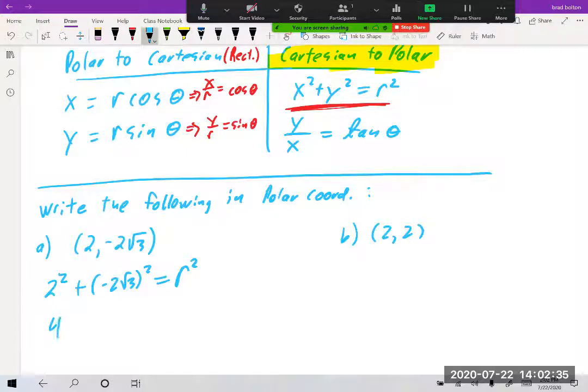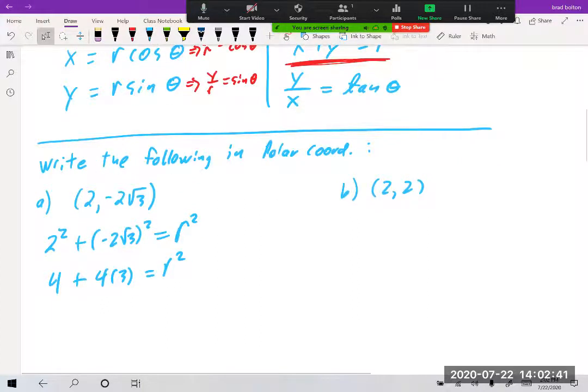This will be 4 plus 4 times 3 equals r squared. So this becomes 16 equals r squared. Then we know that r is equal to 4. So we have our radius of 4.